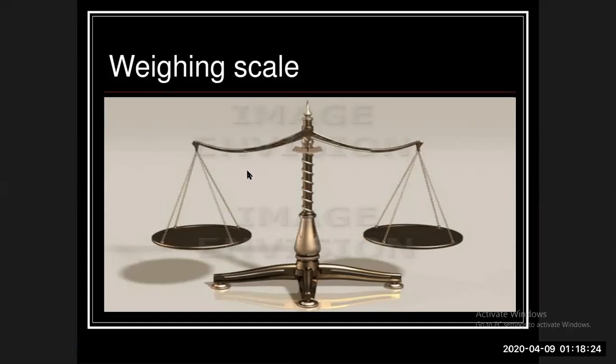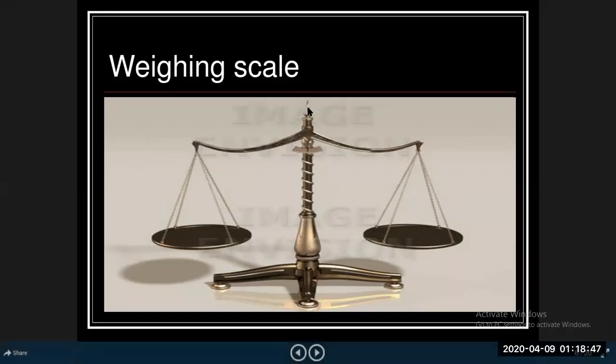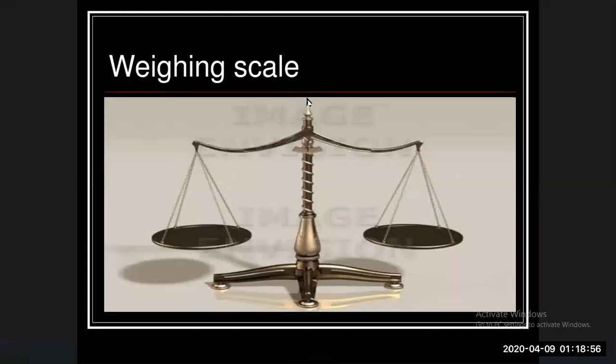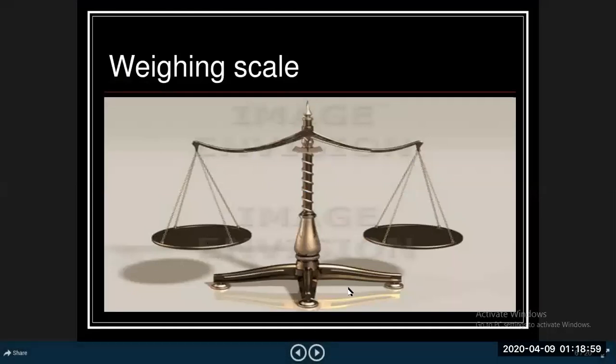If you put some weight on one pan and the object that is to be weighed on the other pan, when both pans become equal, that is, the gravitational pull on both pans is equal, then the scale at this point coincides with the fixed point, and we say that the weight of the object is equal to the weight put on the other pan. This way the weighing scale works. So while weighing, gravitational force comes into play.